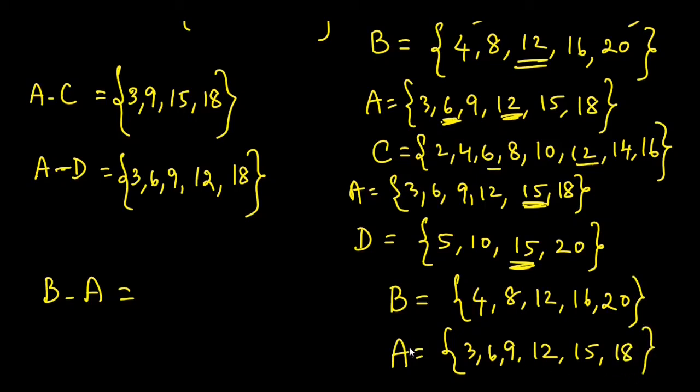Now we have to check the elements in B. If any element in B is also there in A, we should drop that element. 4, 8 are not in A. 12 is there in A also. 16 and 20 are not there in A. So B minus A is 4, 8, 16, 20; we should not write 12.